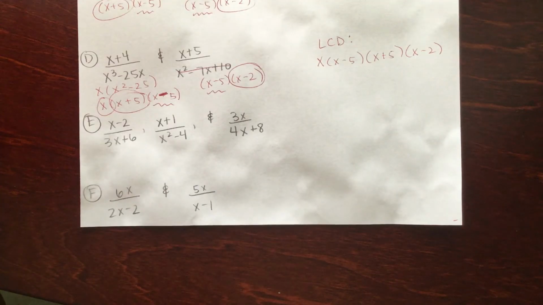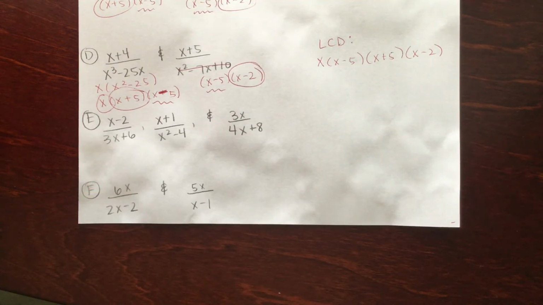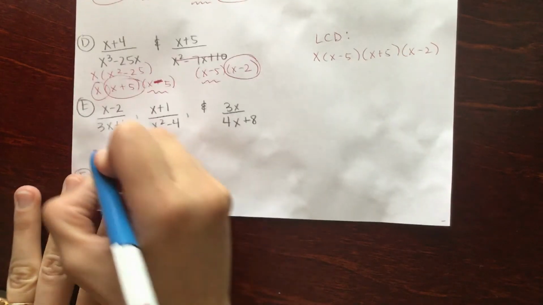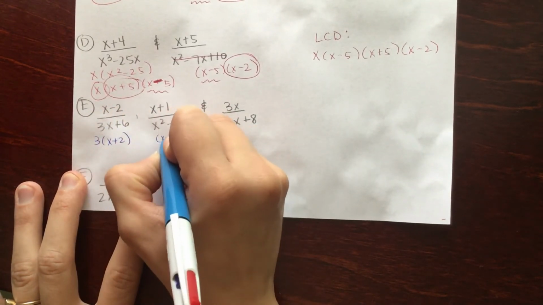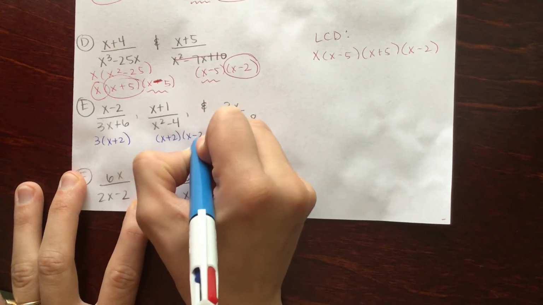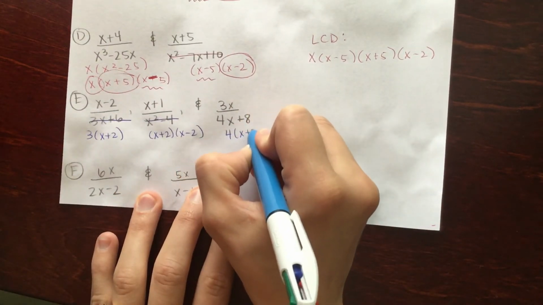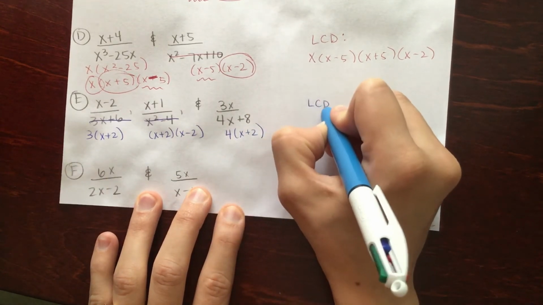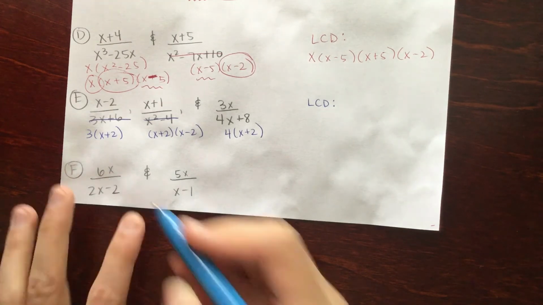I want to show you an example where you find the LCD of 3 fractions. The process is still the same. Factor the denominators. Whatever they all 3 have in common.